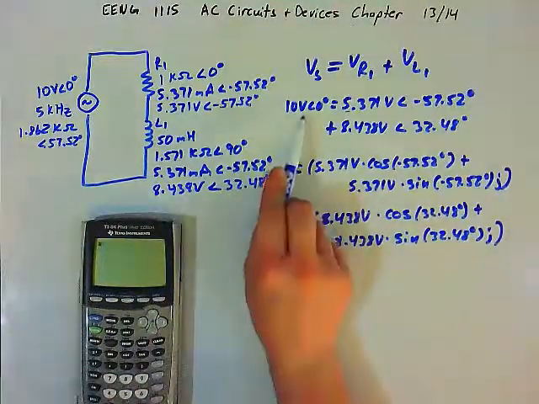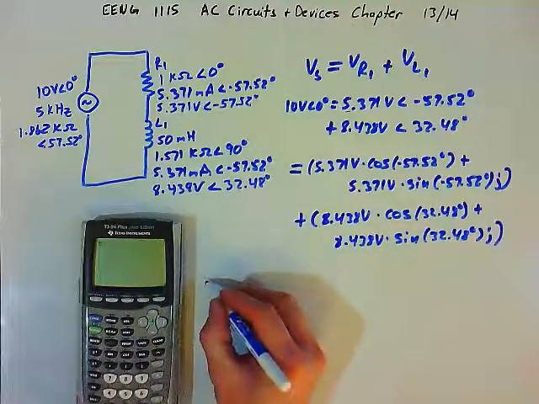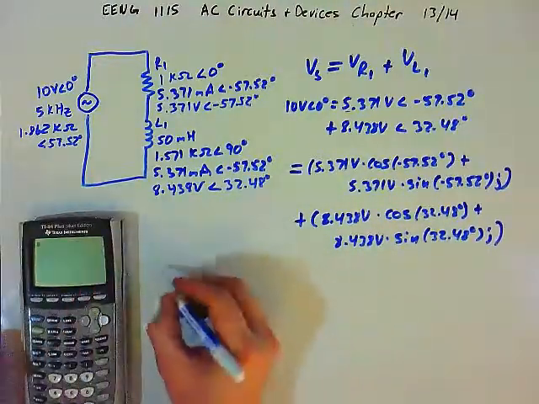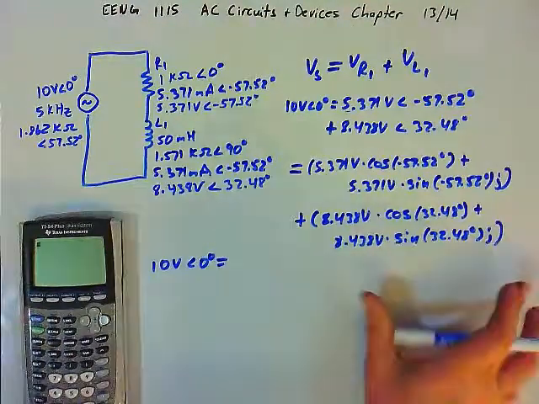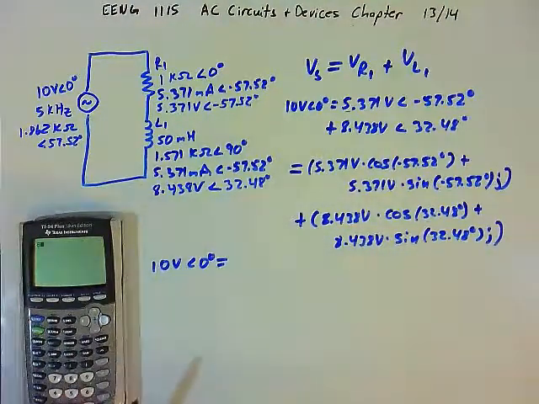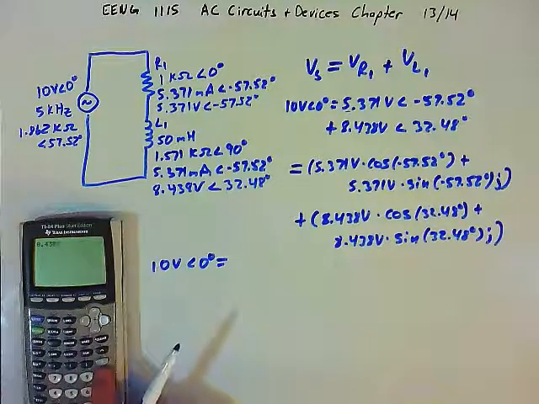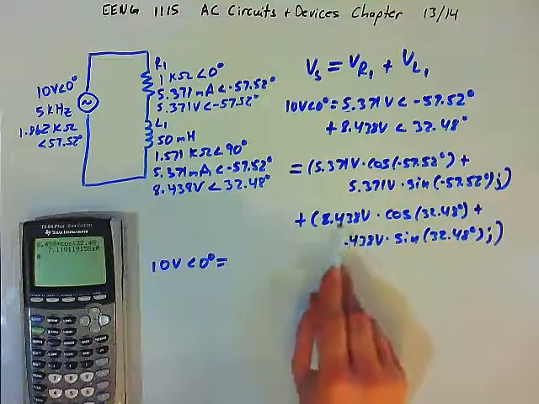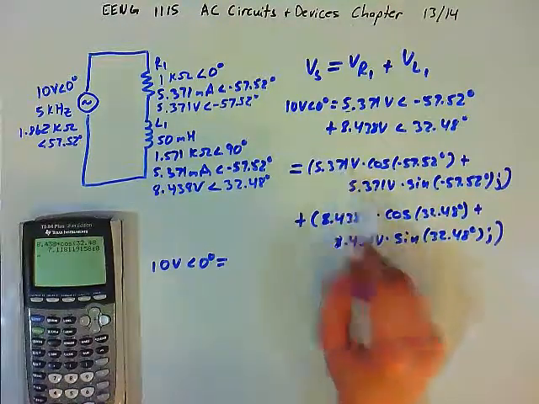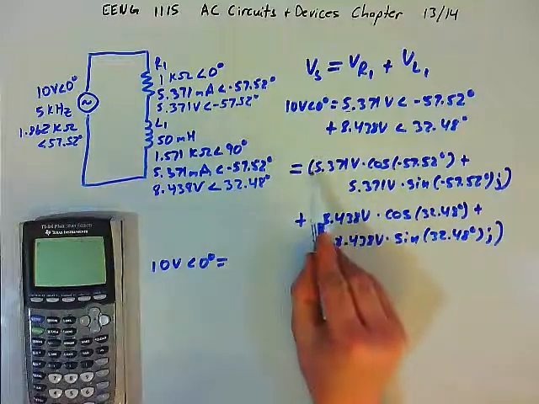Okay, so we think that 10 volts at 0 degrees should be equal to the sum of these two. So I have 8.438 volts times the cosine of 32.48 degrees. So the x component of this vector, oh, I'm sorry, I did that wrong. Let me start up here.